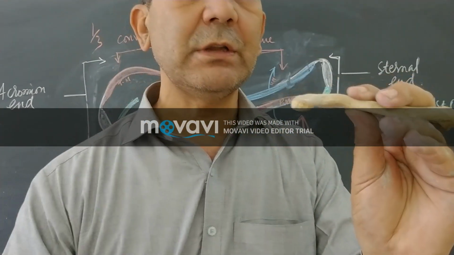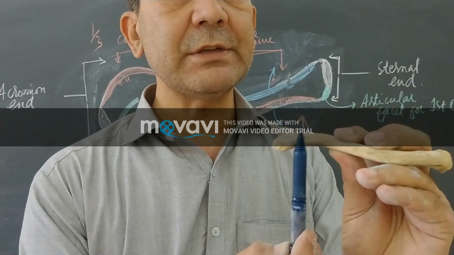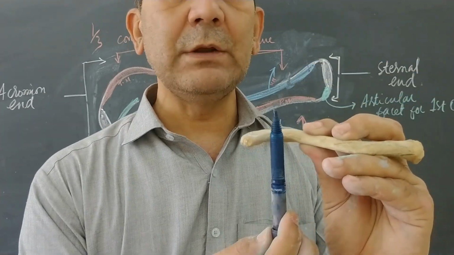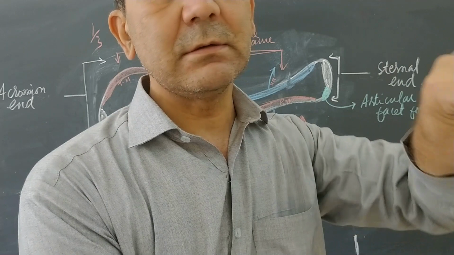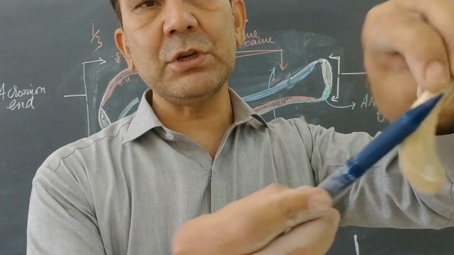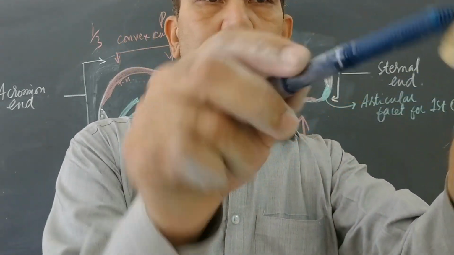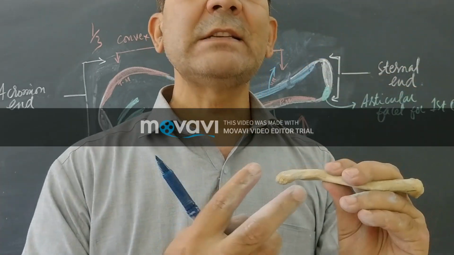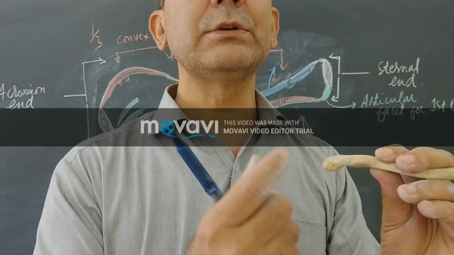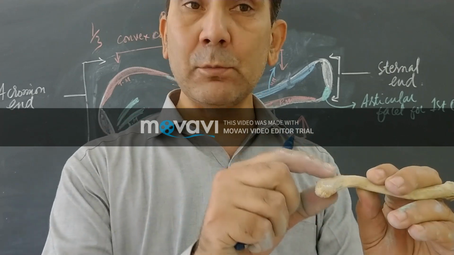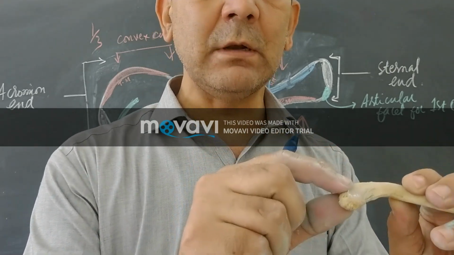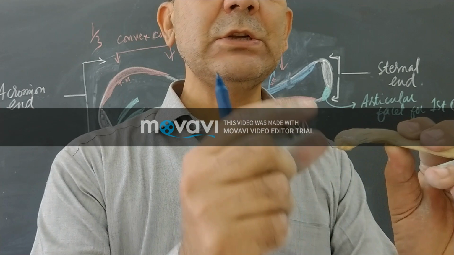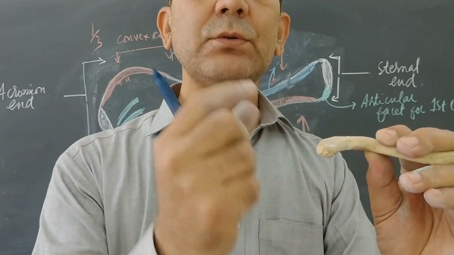The acromion portion is concave from the anterior and convex from the posterior. So the acromion end of the clavicle bone has two borders and two surfaces.